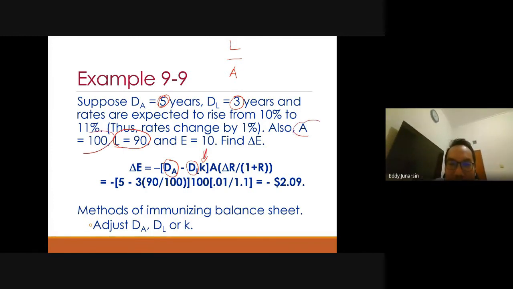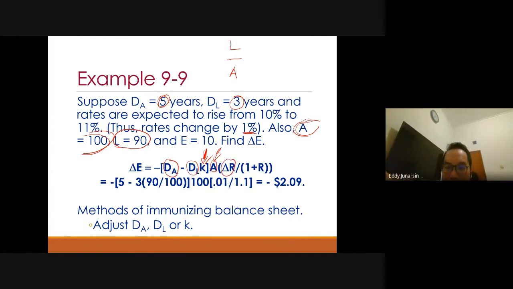The debt to asset ratio is 90%, multiplied by A. The size of assets is 100 here.